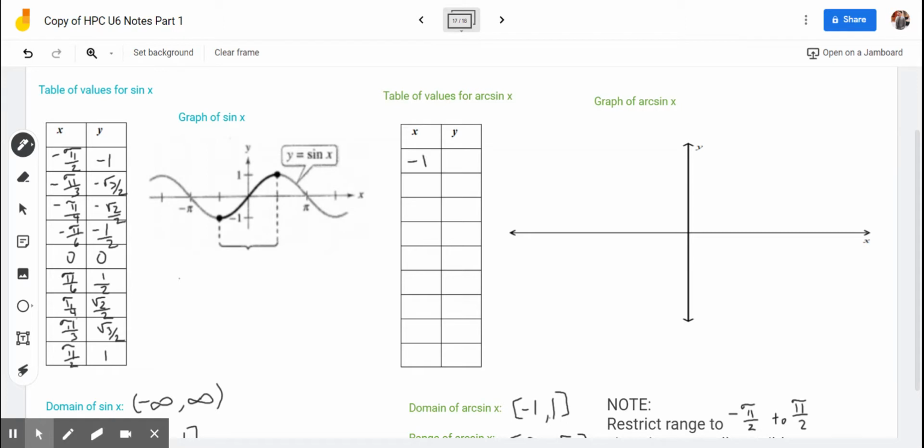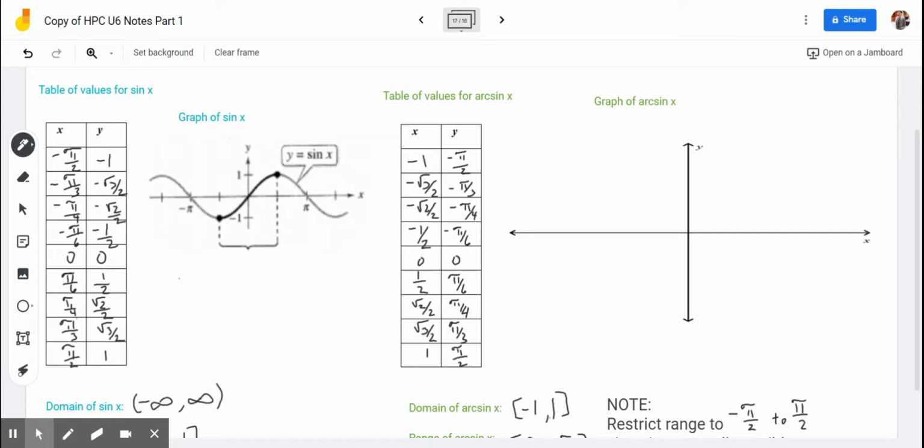So we're going to go -1, -pi over 2, negative radical 3 over 2, -pi over 3, negative radical 2 over 2, -pi over 4, -1/2, -pi over 6, 0, 0 stays where it's at, 1/2, pi over 6, radical 2 over 2, pi over 4, radical 3 over 2, pi over 3, and then 1, pi over 2.